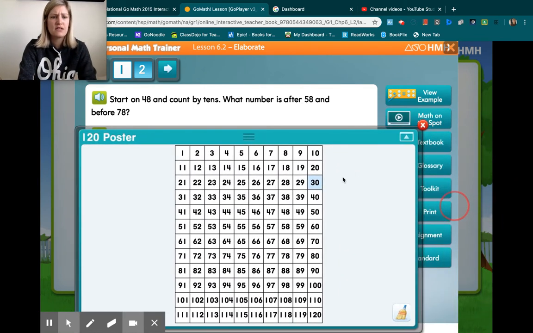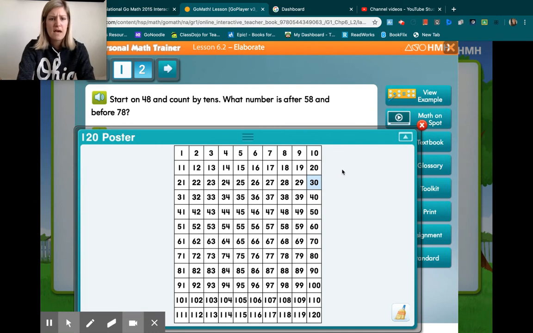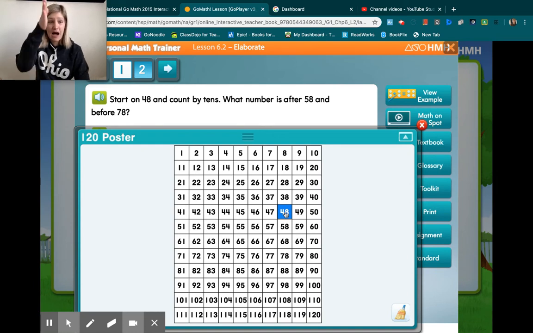Okay, so they said start on 48 and count by tens. What number is after 58 and before 78? So first we have to find the number 48. Okay, 42, 43, 44, 45, 46, 47, 48. So start on 48 and count by tens. Remember, we're going to stay in the same column, which means we're going up and down.